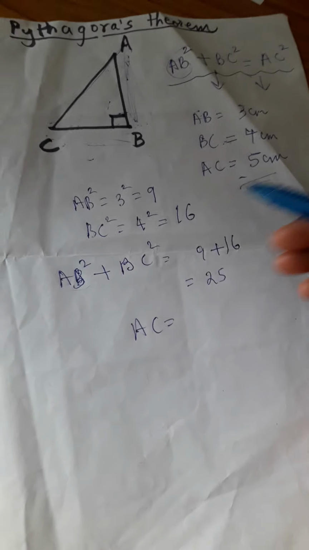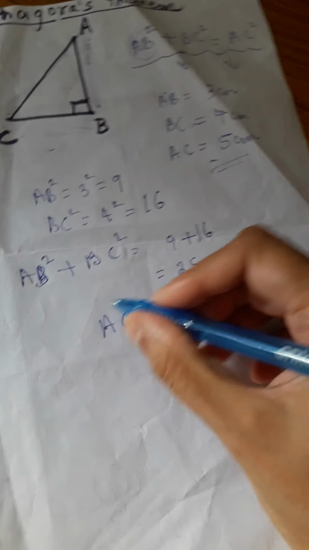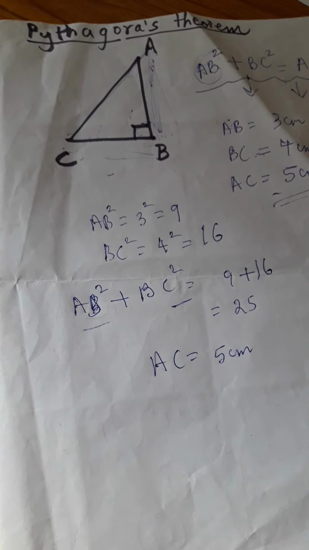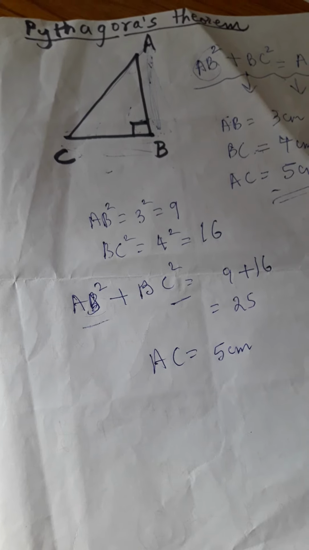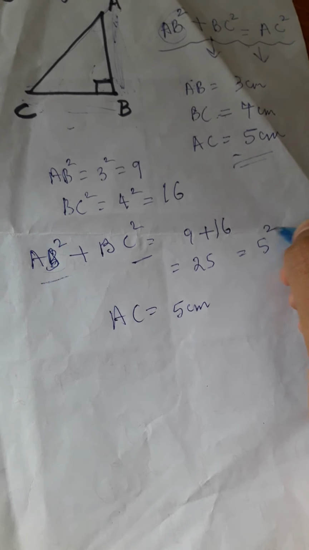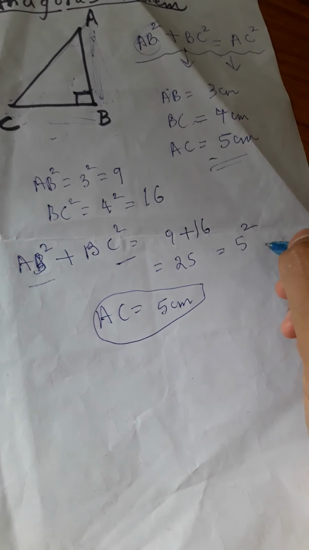AC is 5 centimeters. So AB square plus BC square is equal to 25, which is 5 square. Okay, 5 square, which is nothing but AC square, because AC is 5.